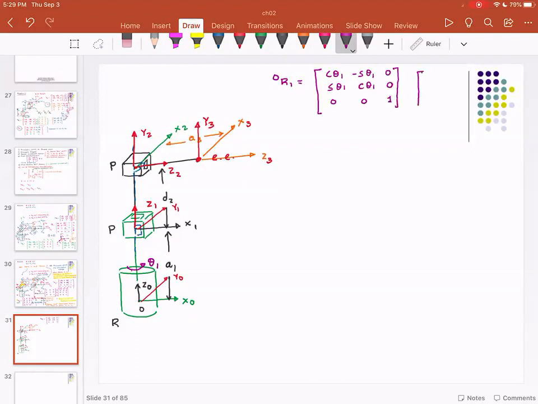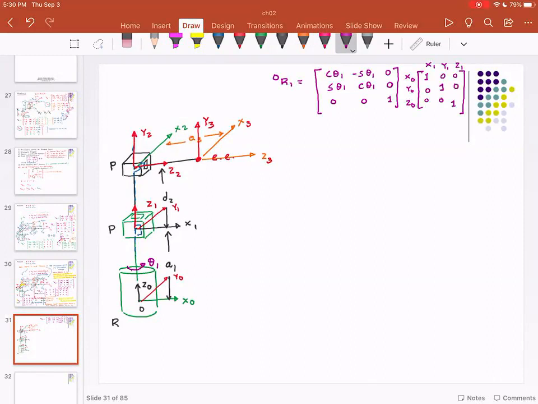Multiply that by a projection matrix: x0, y0, z0, x1, y1, z1. Look at the projection. The projection of x1 on x0 is 1. Projection of y1 on y0 is 1. Projection of z1 on z0 is 1. And then I have zeros everywhere.